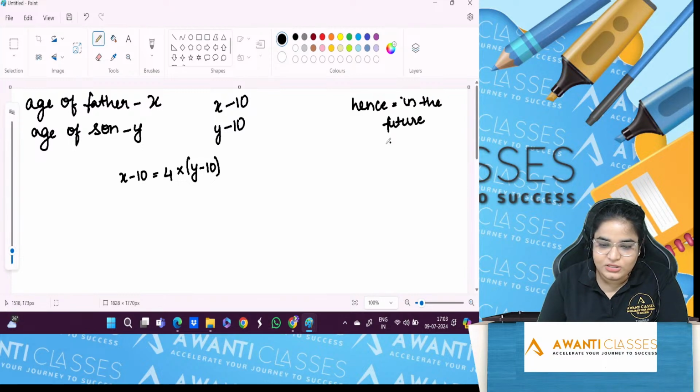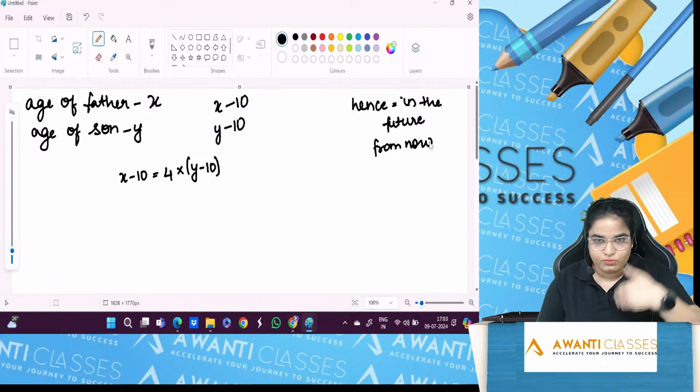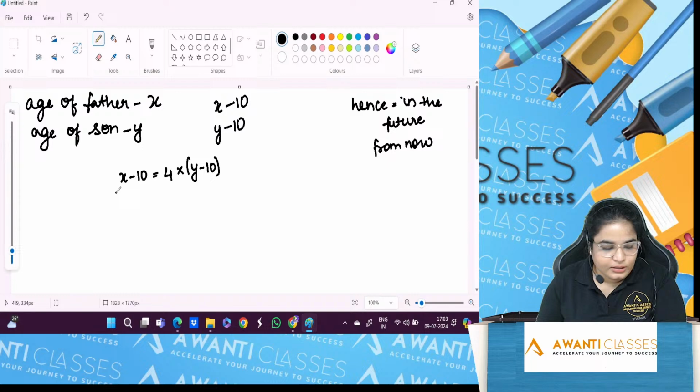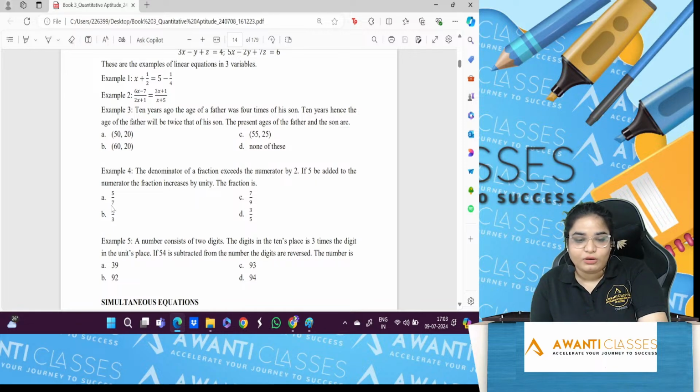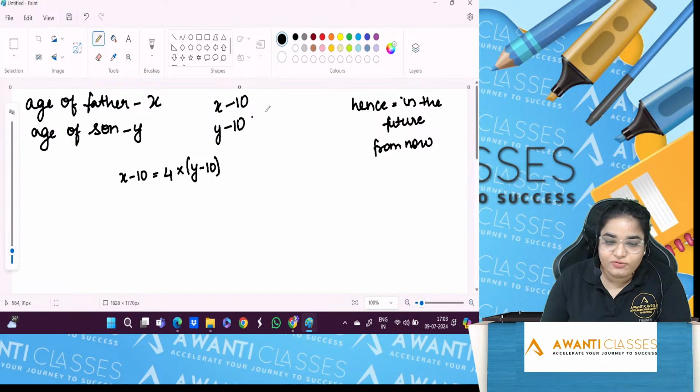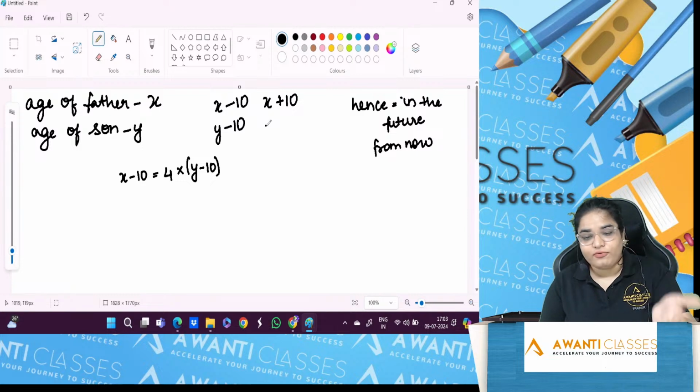Then what did they say? 10 years hence, the age of the father will be twice of his son. 10 years from now, what will be the father's age? X plus 10. 10 years from now, what will be son's age?